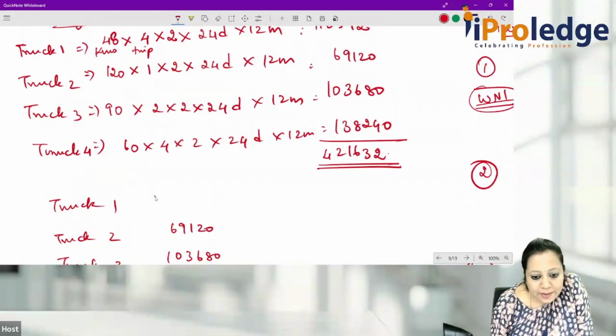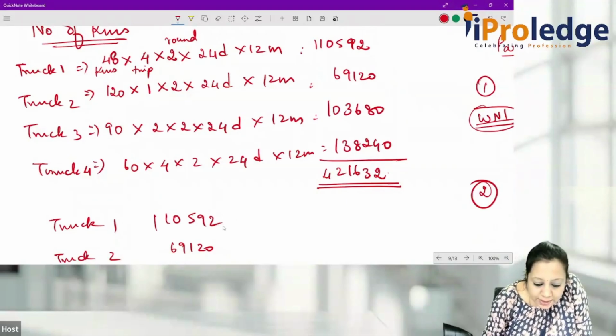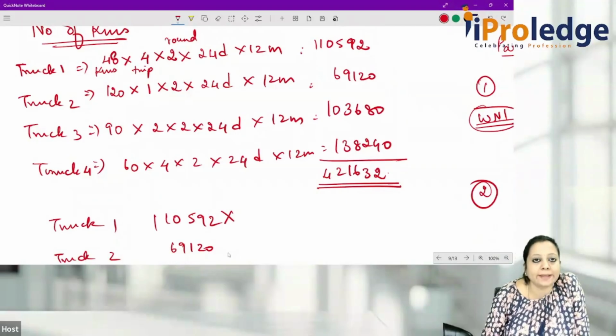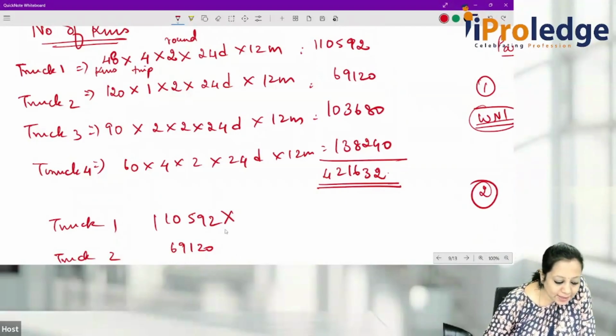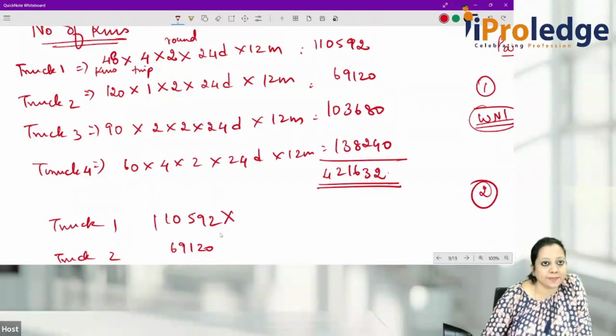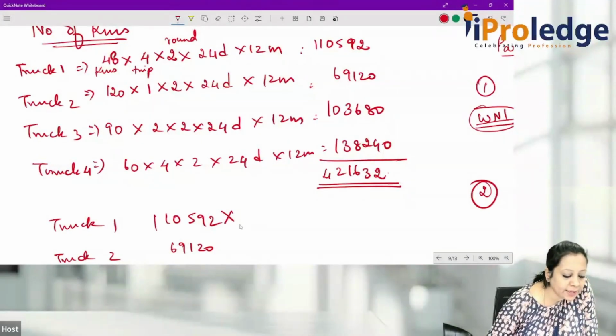Right, dear. 1,10,592. Thank you, ma'am. So now what we will do is this multiplied by the tons. As you can all see, tons is 6, 9, 8, and 8. Correct? Yes, ma'am. So load carried per trip or day in tons.